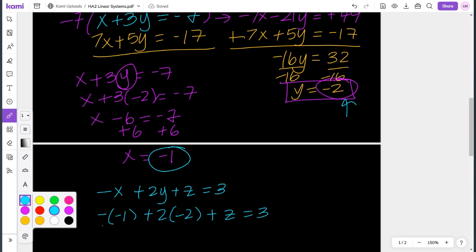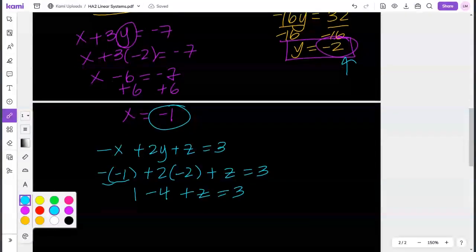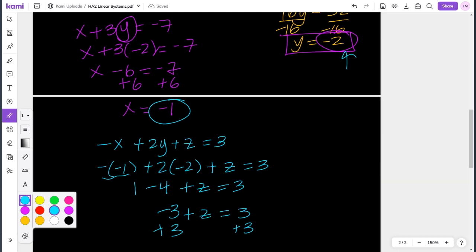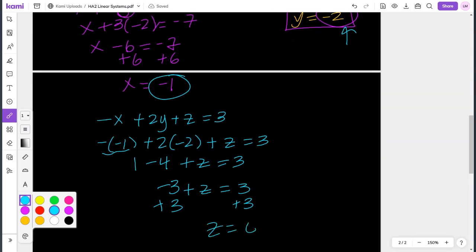So this makes this a +1 minus 4 plus z equals 3. So -3 plus z equals 3. Add 3 to both sides. z equals 6. So I have the ordered triple, -1, -2, 6.